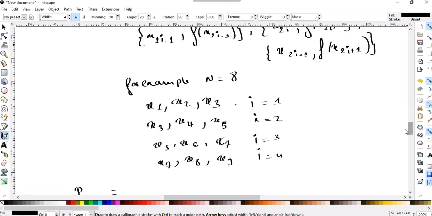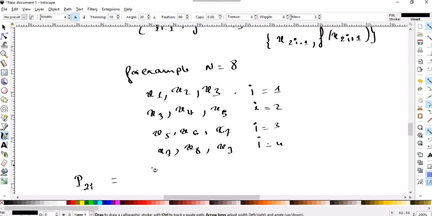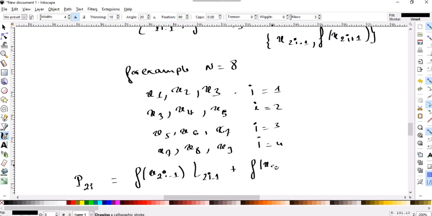So this would be f of x2i minus 1 multiplied by L1, the first Lagrange polynomial, plus f of x2i multiplied by the second Lagrange polynomial L2i, plus f of x2i plus 1 multiplied by the third.